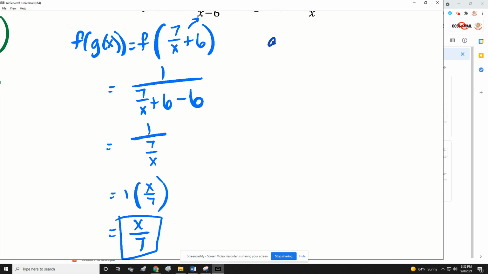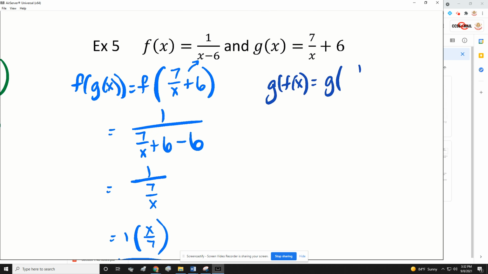And then let's look at g of f of x. So g of f of x is 1 over x minus 6. So in the place of x, down here in this little denominator, I'm going to put that whole thing. So 7 is still in the numerator, and then 1 over x minus 6 in the denominator. I know that's weird.